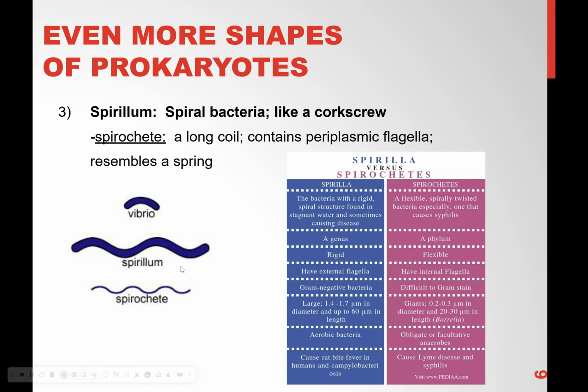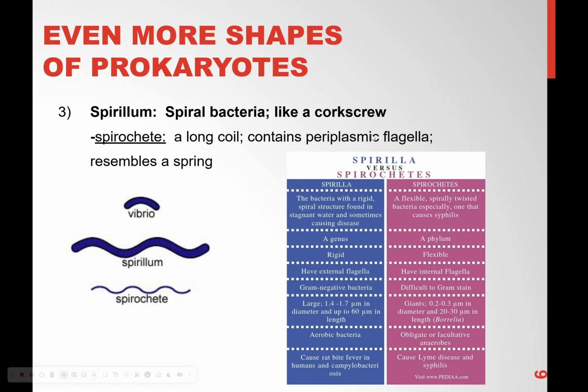Our third type of cell structure would be spirillum, like a little spiral. You won't see too much of this in lab, but these do exist. They look like a corkscrew. We'll come back to spirochetes with our periplasmic flagella, but it is like a little coil, with the periplasmic flagella existing between the cell wall and the cell membrane.